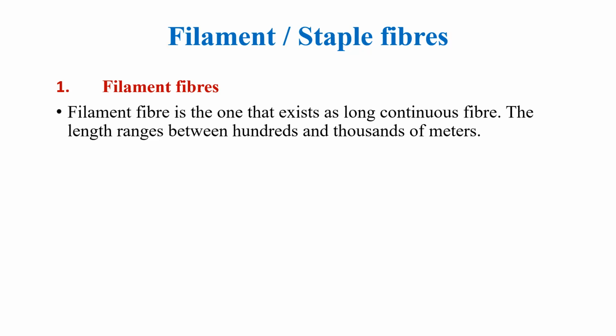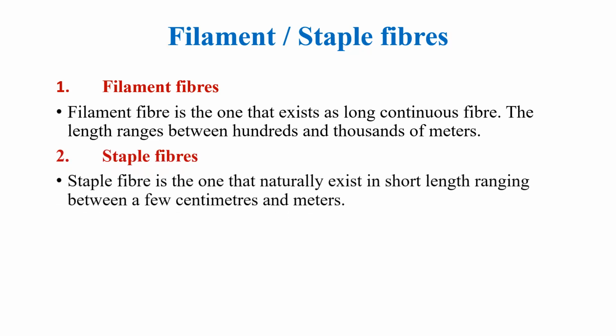And any fiber which is very long is considered as filament. The staple fiber is the one that naturally exists in short length, ranging between few centimeters and meters. This one ranges between hundreds and thousands of meters, but as compared to the staple fiber, few centimeters and meters. So very short, as your hair is an example.